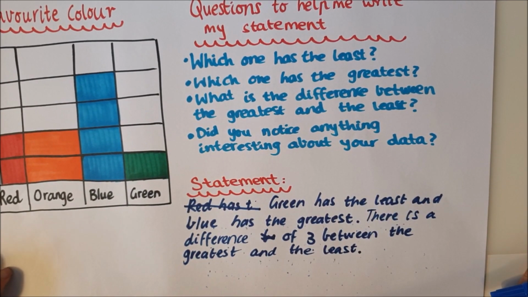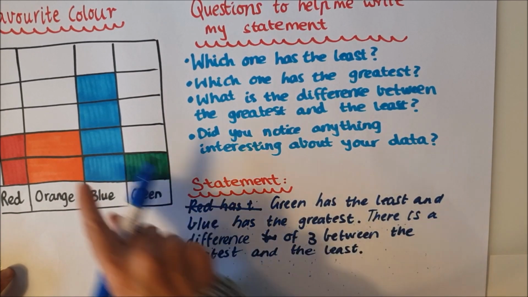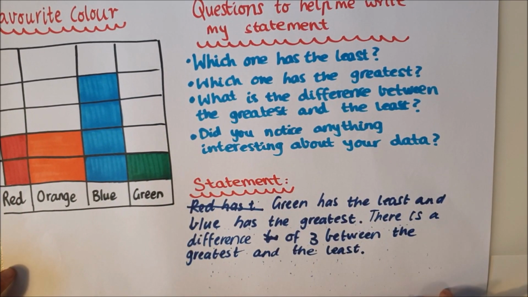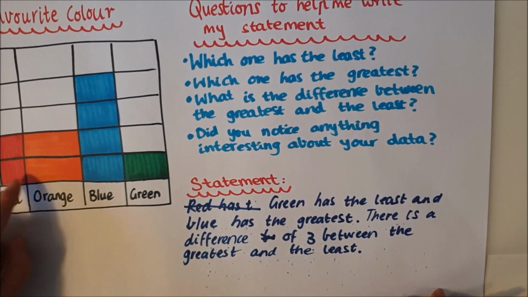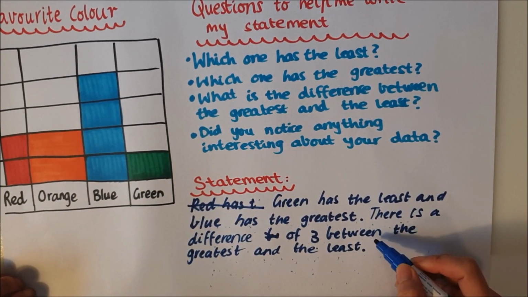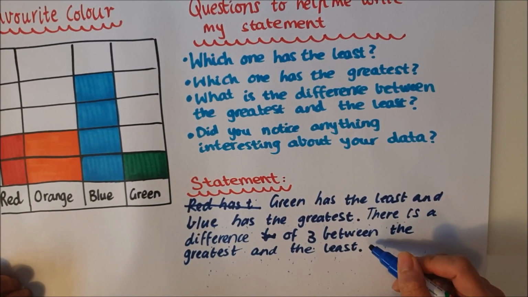Did you notice anything interesting about your data? I can see that the same amount of people like red and orange. 2 like red and 2 like orange. So I think that is kind of interesting. So I'm going to write that into my statement.